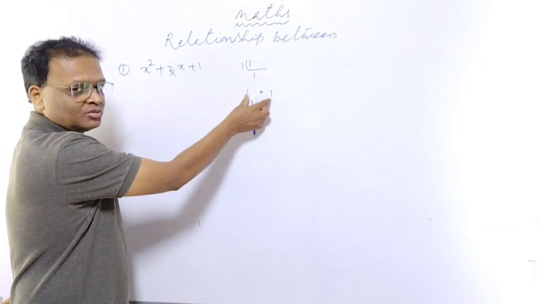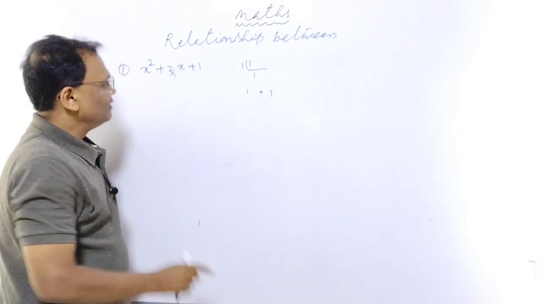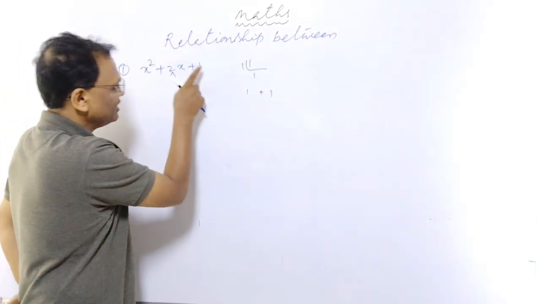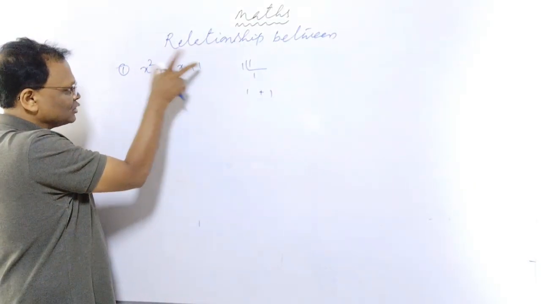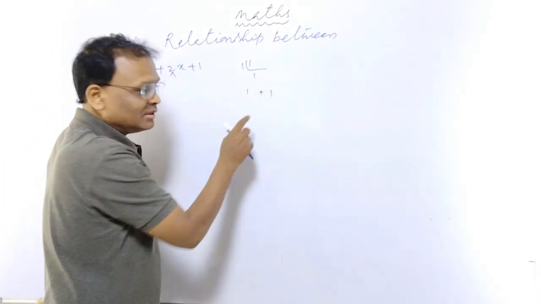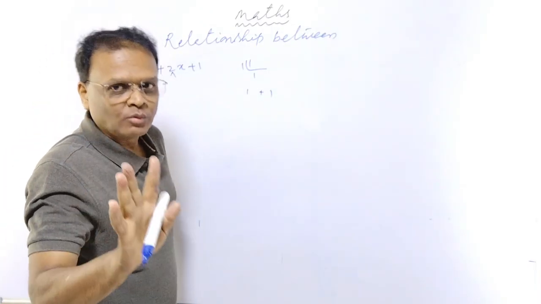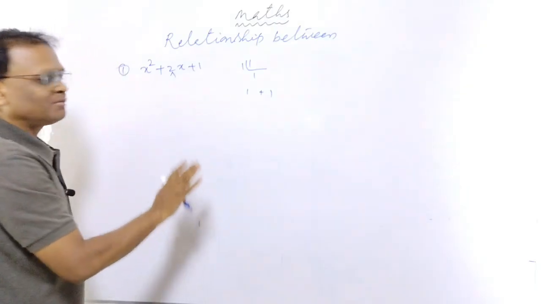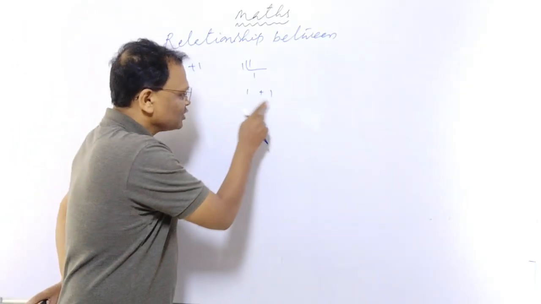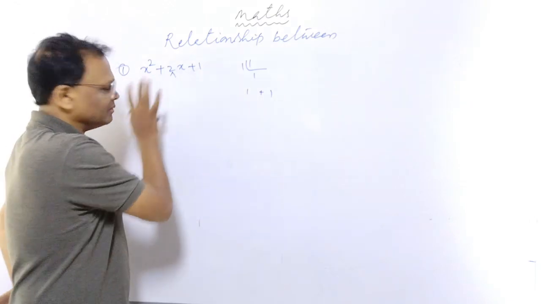If you multiply coefficient of x square and the constant, whatever answer you get, the product of these two numbers must be exactly equal to it. Then only these two numbers are perfect. Let me repeat: 1 plus 1 is 2, that is the middle term.